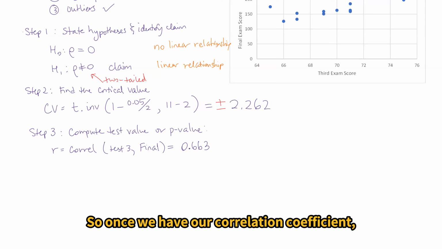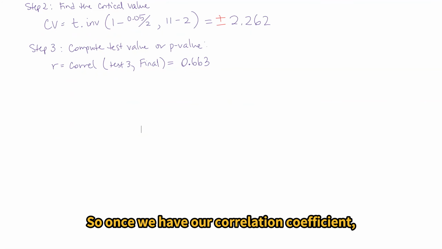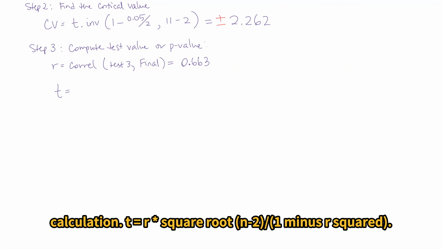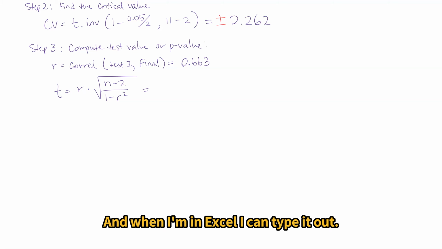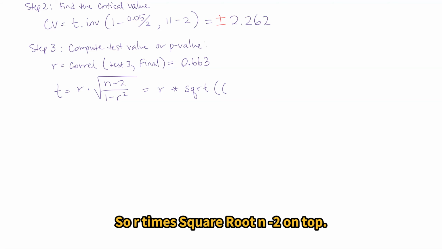So once we have our correlation coefficient, then we can put it into the test value calculation. t equals r times the square root of n minus 2, over the square root of 1 minus r squared. So that's our formula for our test statistic, our test value. And when I'm in Excel, I can type it out. So r times square root n minus 2 on top.